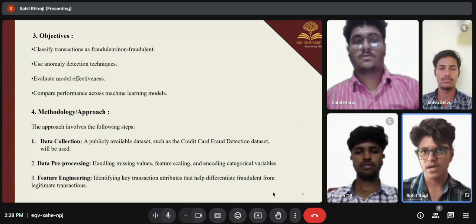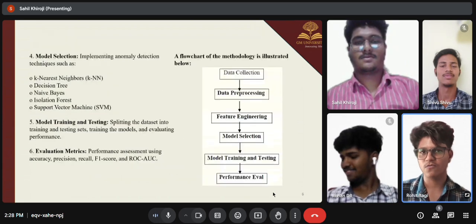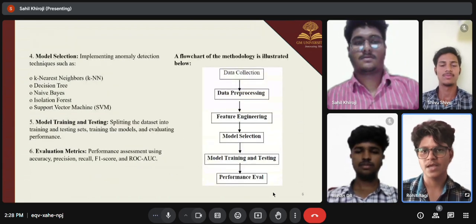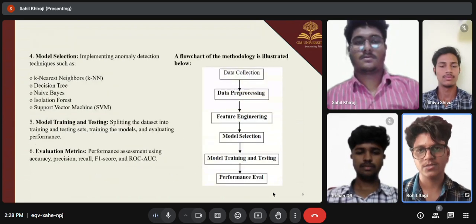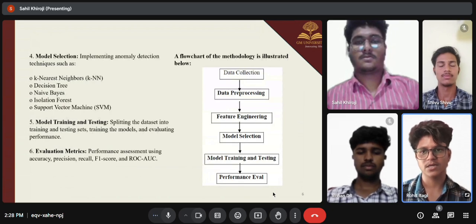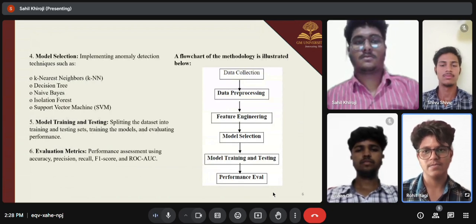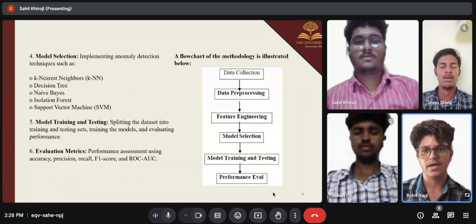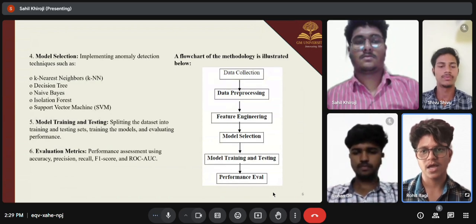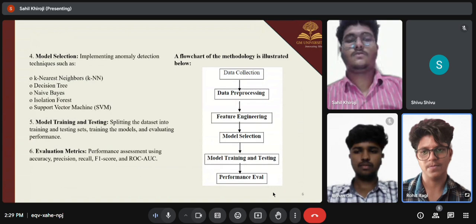As we go on to the next slide, our fourth point is model selection. For implementing this, we use anomaly detection techniques such as KNN, K nearest neighbors, decision tree, naive Bayes, isolation forest, and support vector machine, SVM.